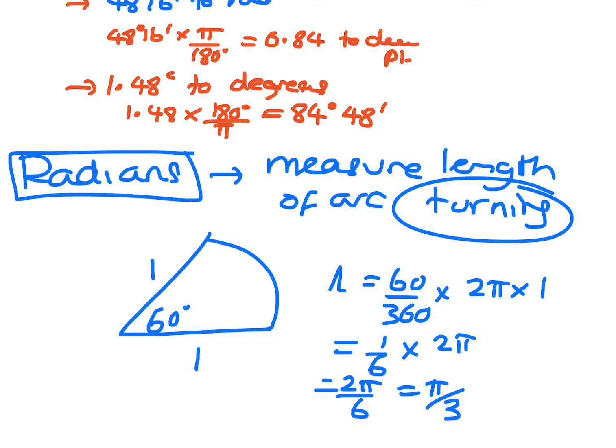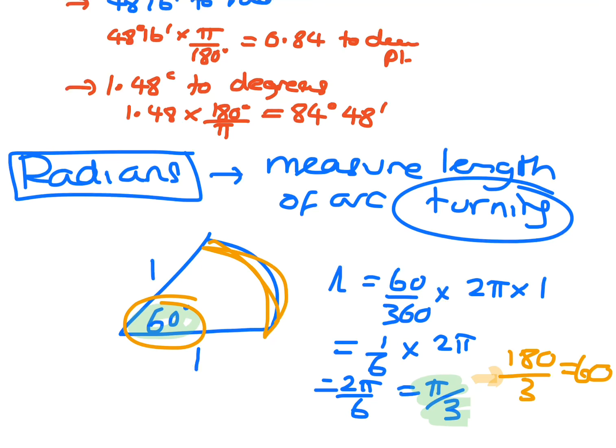So if you look at the angle at the centre, which is 60, that makes sense that it's pi on 3, because if you changed the pi to 180, it would be 180 divided by 3, and that does give you 60, which is the angle that's there.